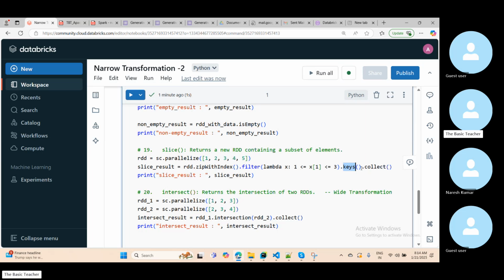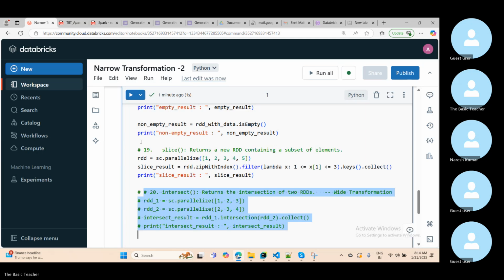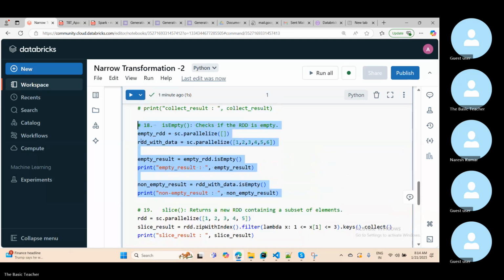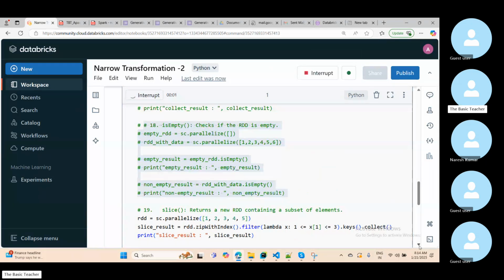This is dot keys. Above we had discussed, right? Dot keys or dot values. So first let me run this. As of now, let me comment out this one. Let me run this first.